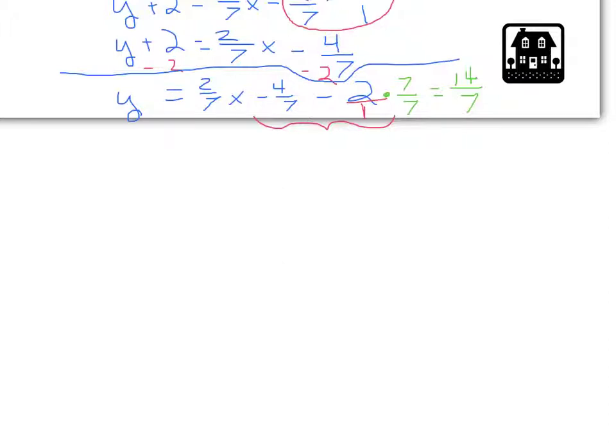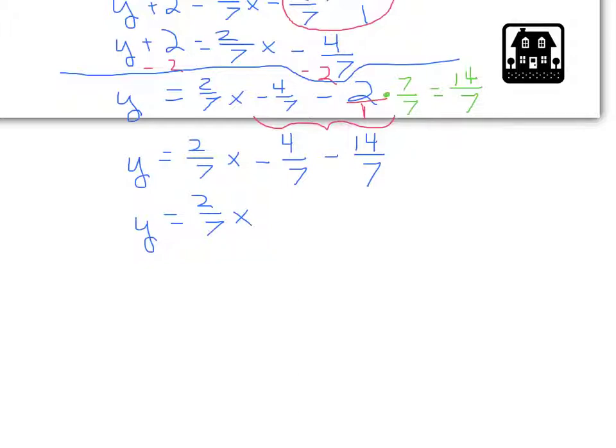So let's rewrite what we have now. We have y equals 2/7x minus 4/7 minus 14/7. Okay, so now we can combine the numerators. Now when you add or subtract fractions and they have the same denominator, then you keep the denominator and you combine the numerators.